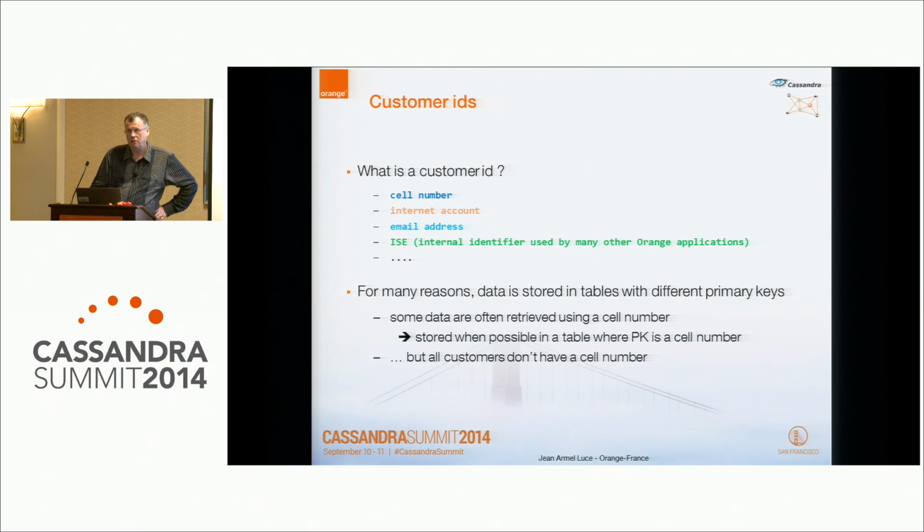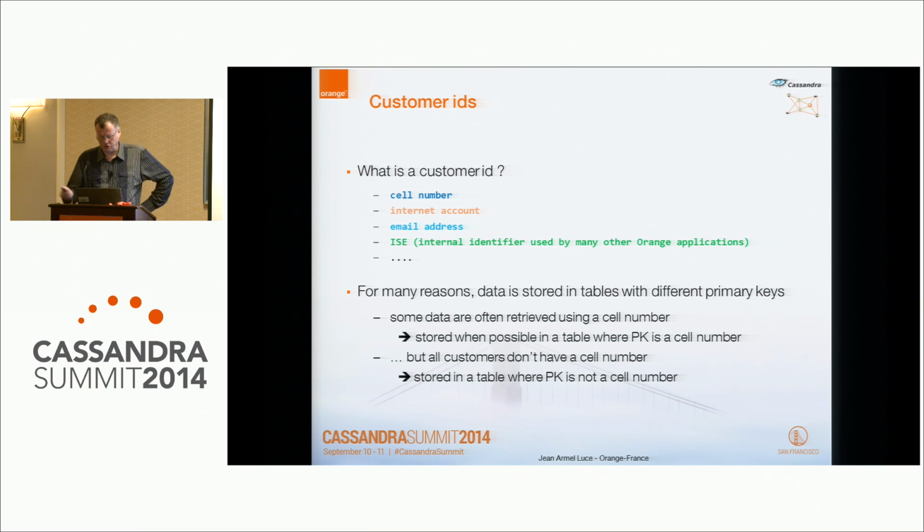But all our customers don't have a cell number, so it's not possible to store all the data in such tables. So sometimes we have to store the data in tables where the primary key is not a cell number. And there are many other reasons why we have different primary keys.